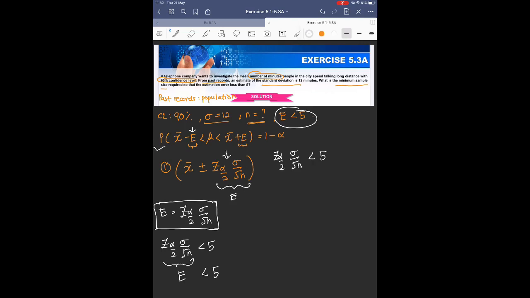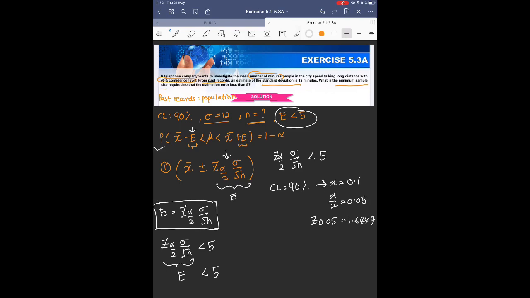Substitute all the information. Confidence level 90%, alpha is 0.1. Alpha over 2, 0.05. So z 0.05 is 1.6449.